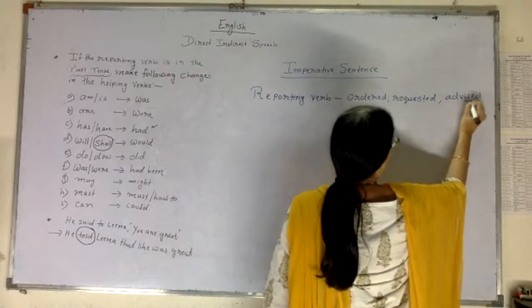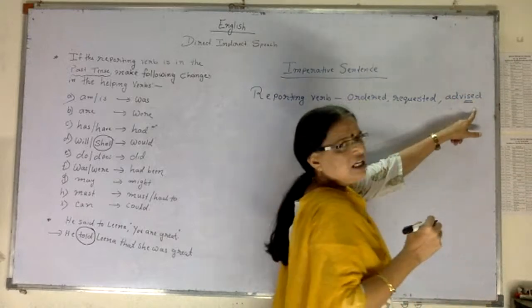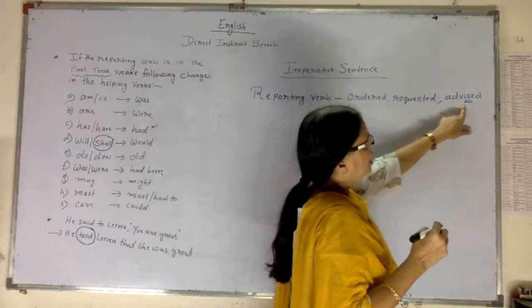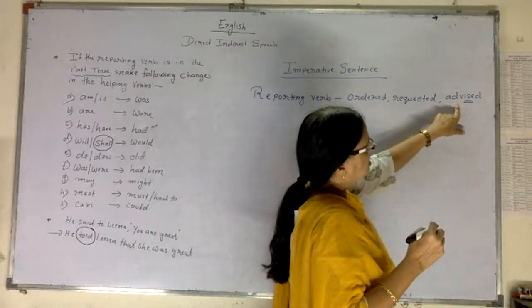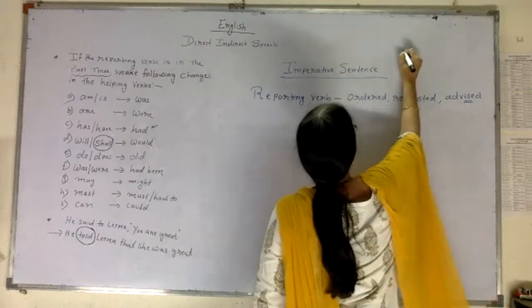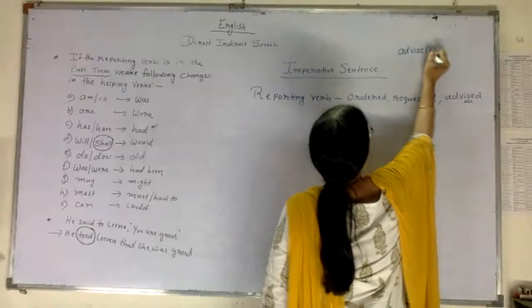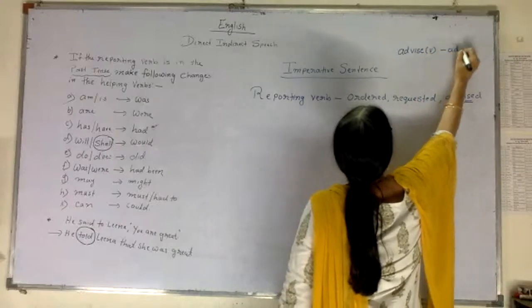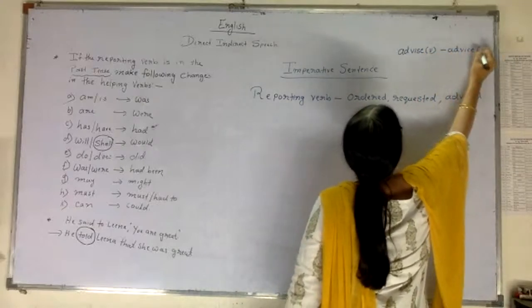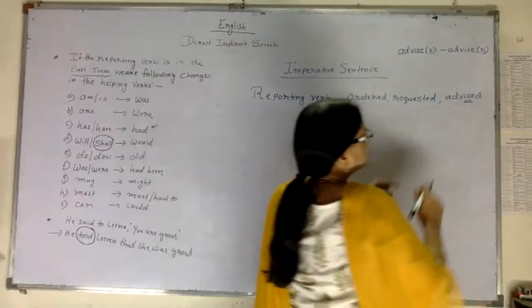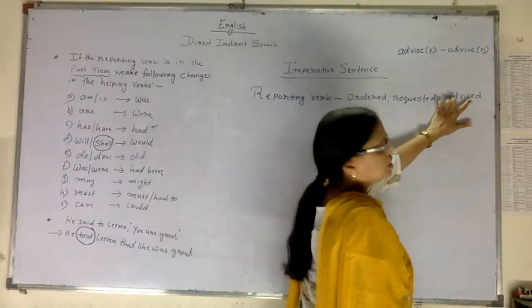Just remember, it is spelled A-D-V-I-S-E-D. "Advise" with an S is the verb and "advice" with a C is the noun, so don't make a mistake here.